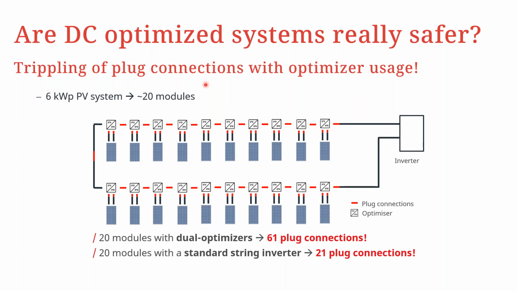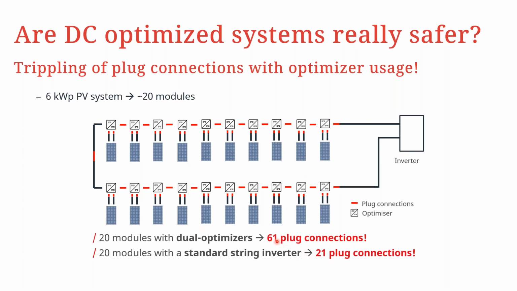As we can see in this particular example, we have a 6 kilowatt peak PV system utilizing approximately 20 modules. If you consider the use of DC optimizers, placed next to each module, then we end up with about 61 connection points or plug connections. But when we use only a standard inverter, like a string inverter, then we end up with only 21 plug connections.